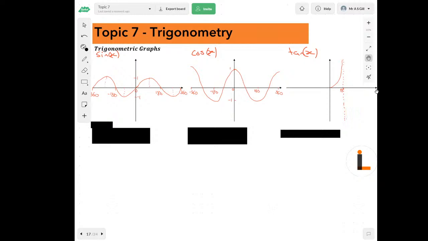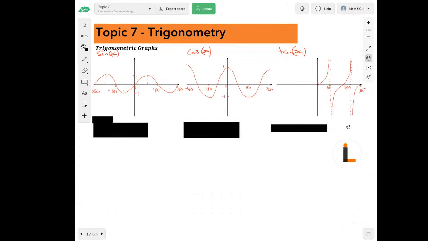Then I'm going to go back up again, draw another asymptote at 270 degrees, and then we're just going to draw this down here at 360 degrees. And tan goes up to infinity and down to negative infinity, so we don't need to mark on anything.